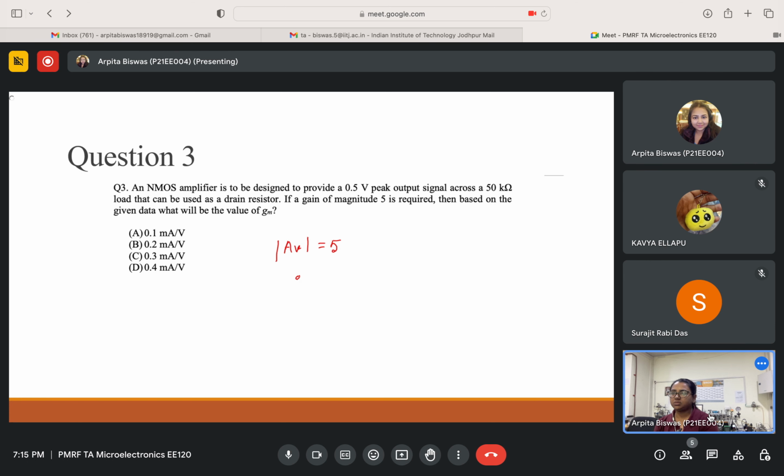You have to find the value of GM. The signal is across the 50 kilo ohm load, it means RD is also given. Now Kavya, tell me what is the value of GM?